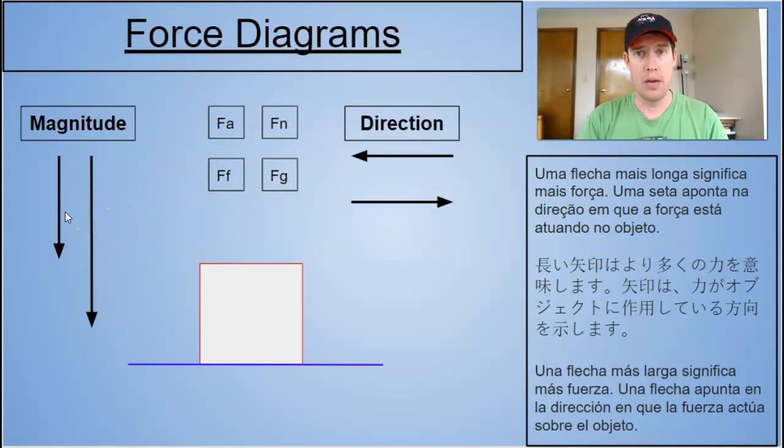Well, a force diagram shows the strength of a force, and here's how it does that. The strength or the magnitude of the force is indicated by how long or how short the arrow is drawn. So between these 2 arrows, this arrow indicates a stronger force.